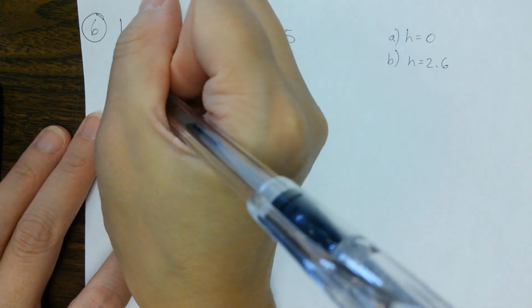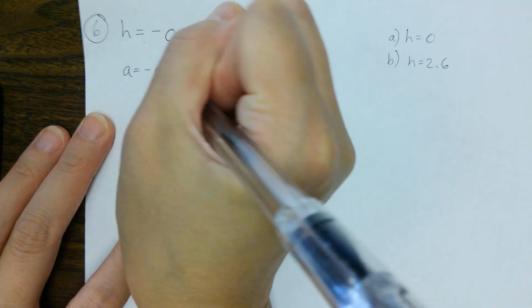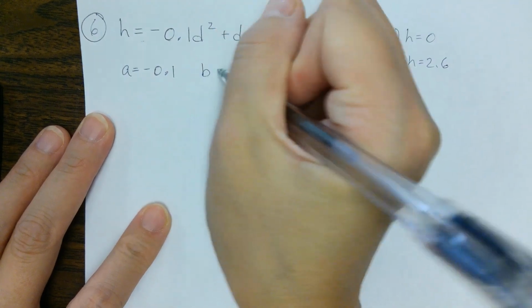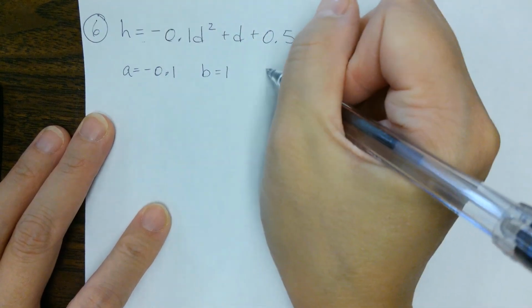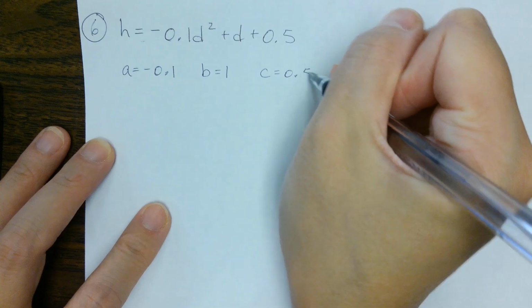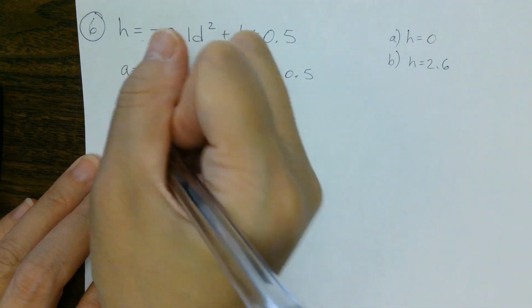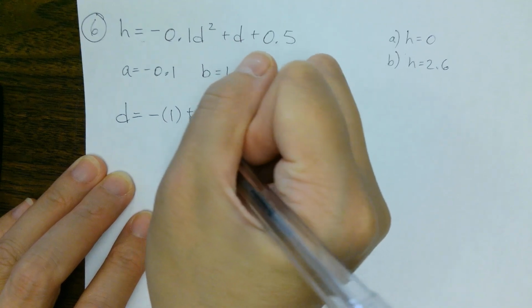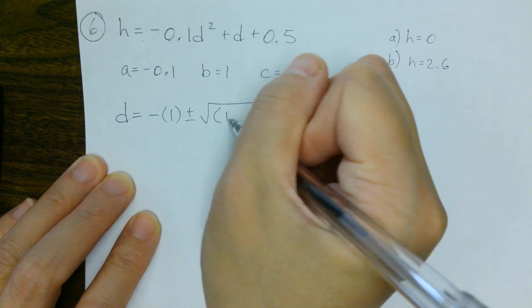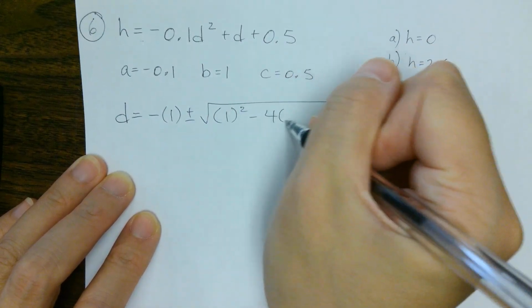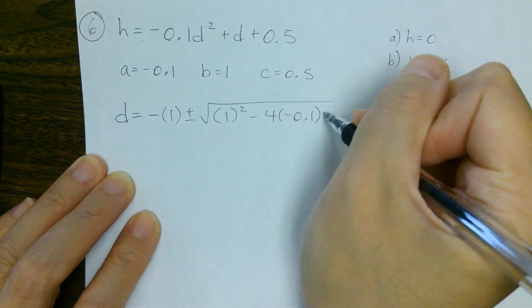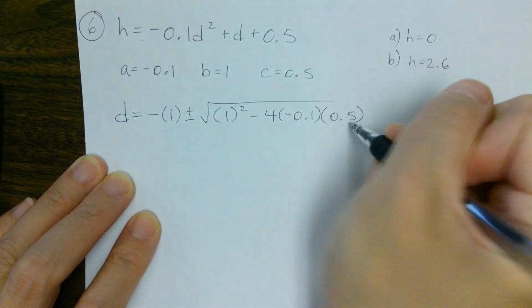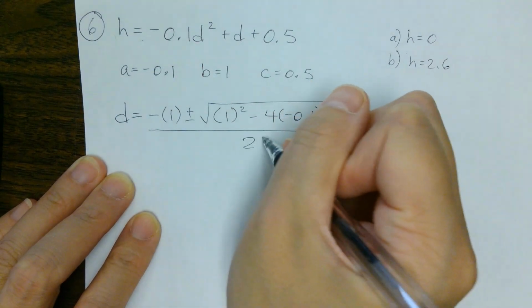So my A is negative 0.1, my B is 1, and my C is 0.5. Okay. So D equals negative B plus or minus the root of B squared minus 4AC, all over 2A.